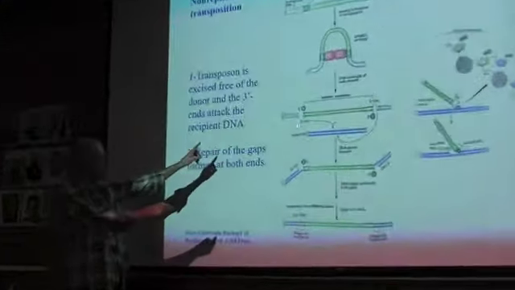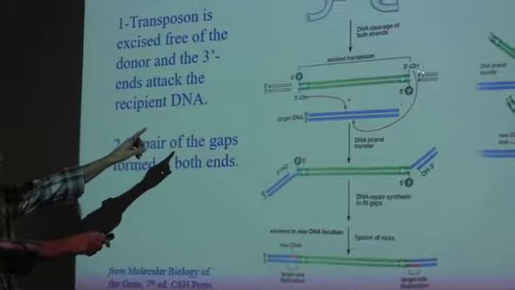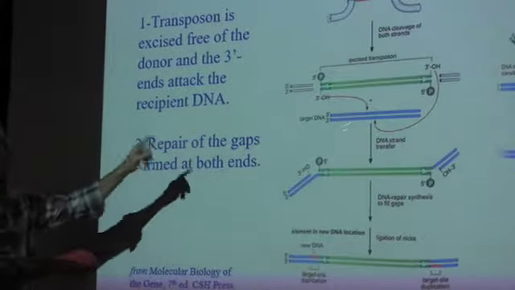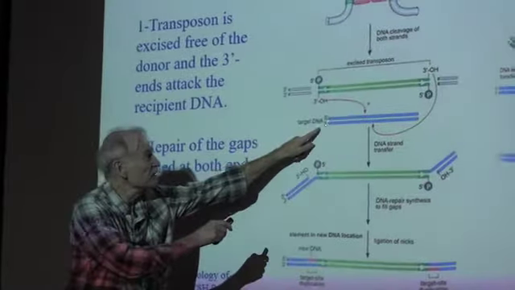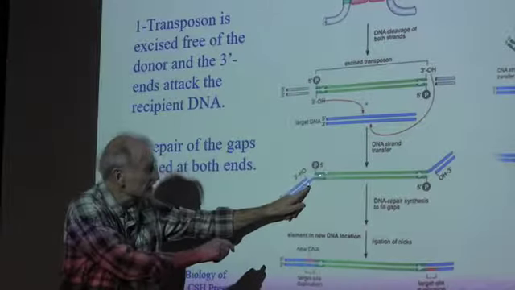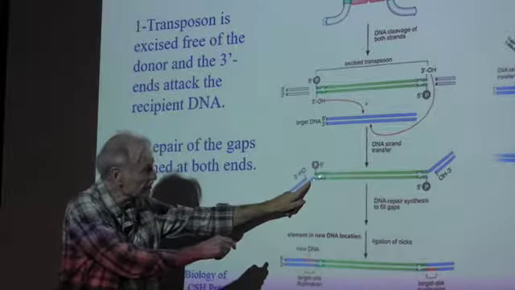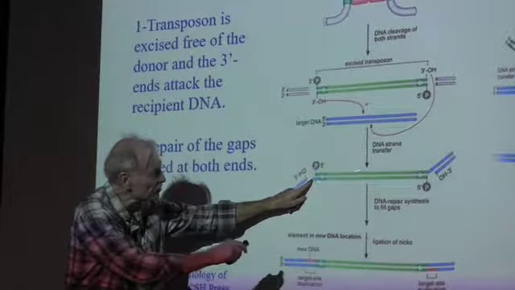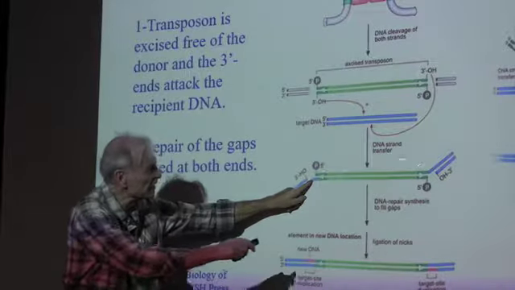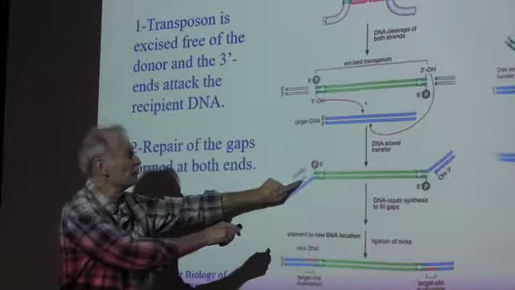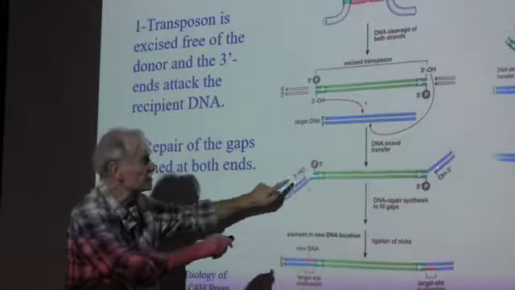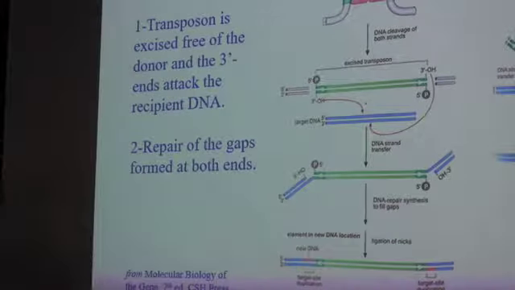See, it's cut on both strands, totally free, and then you get the 3' end of the transposon attacking and physically joining to the target, each of those 3' ends of the transposon, leaving once again a 3' end on either side for, in this case, simply repair.